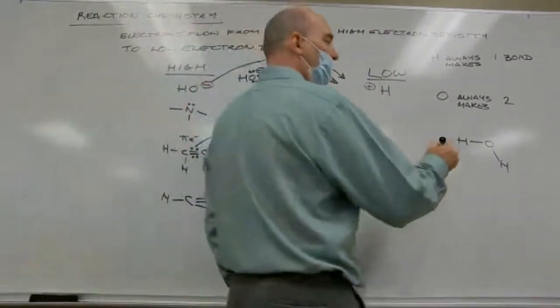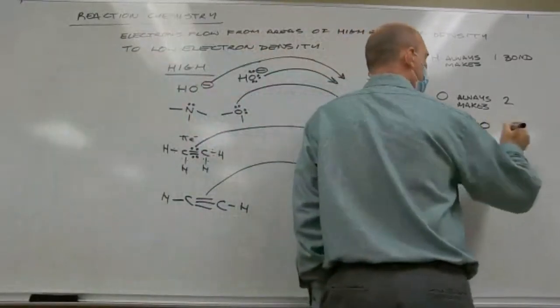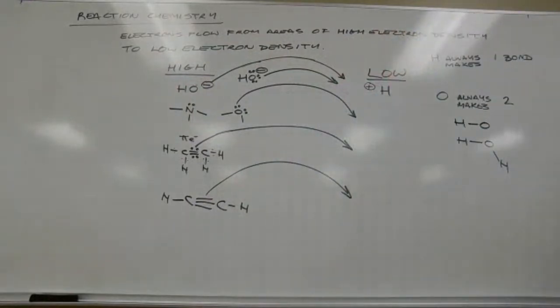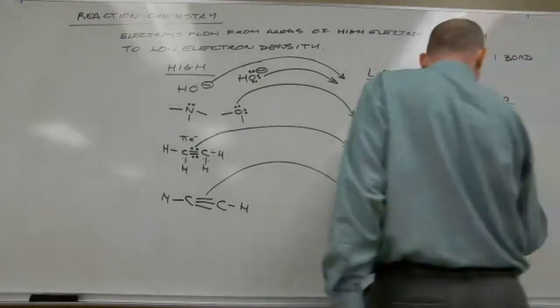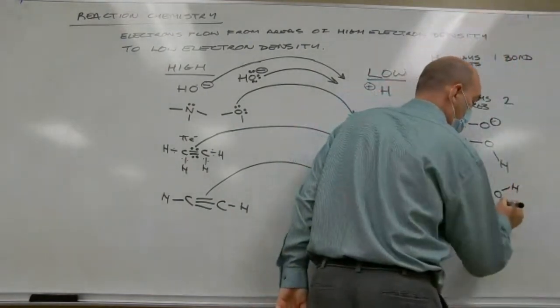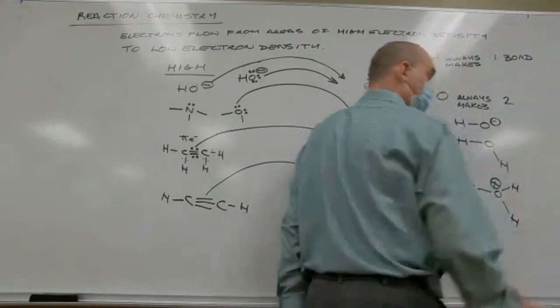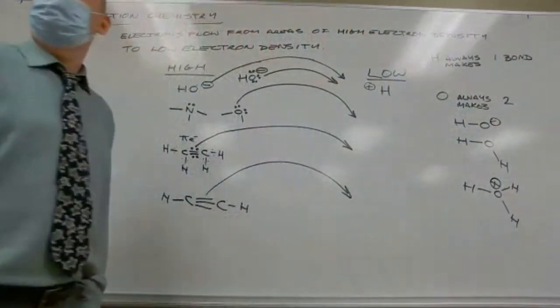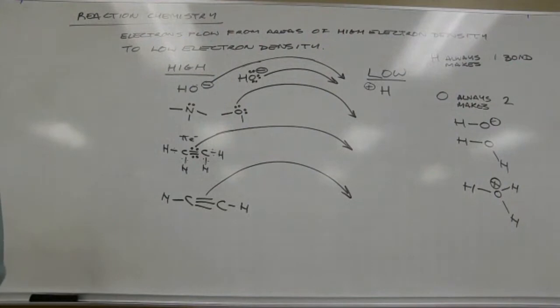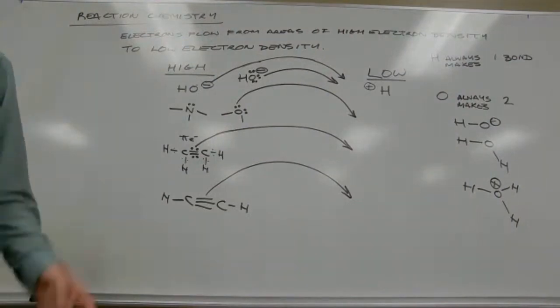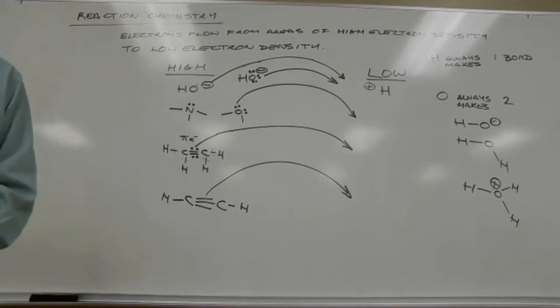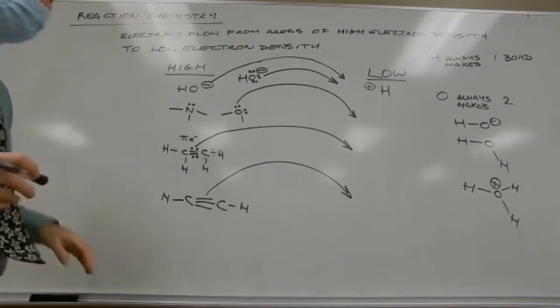What happens if it only makes 1? Have to put a negative charge on it. What if it happened to make 3? Yeah. So if I put more bonds to an oxygen than it's supposed to have, it picks up a positive.